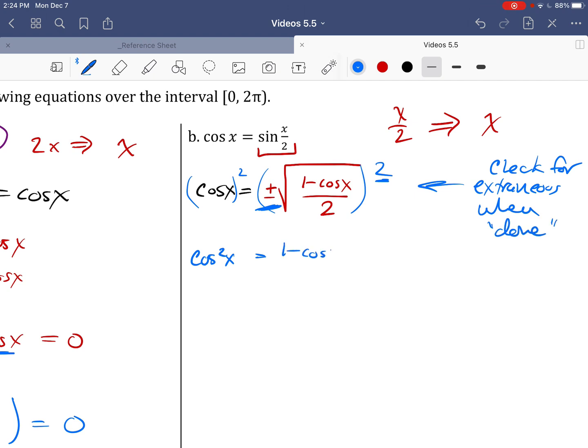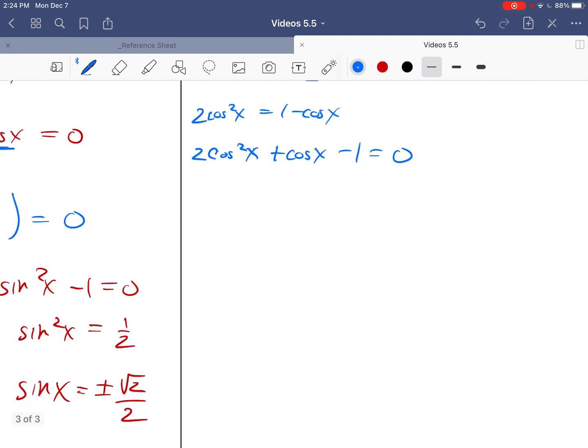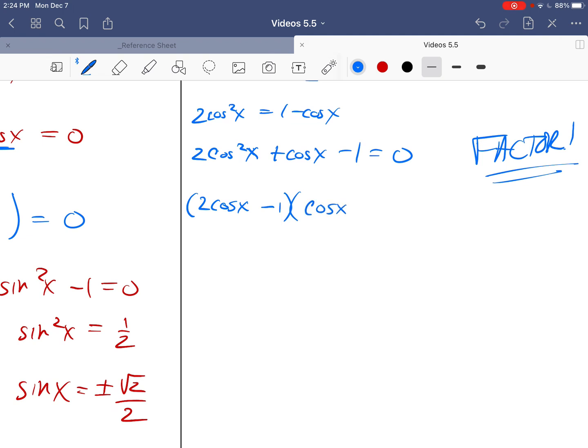All right, so we now have 1 minus cosine x over 2. I'm going to multiply both sides by 2. Realize that we're dealing with a quadratic, so we're going to bring everything to one side so that we can factor. We've got 2 cosine x minus 1 times cosine x plus 1.